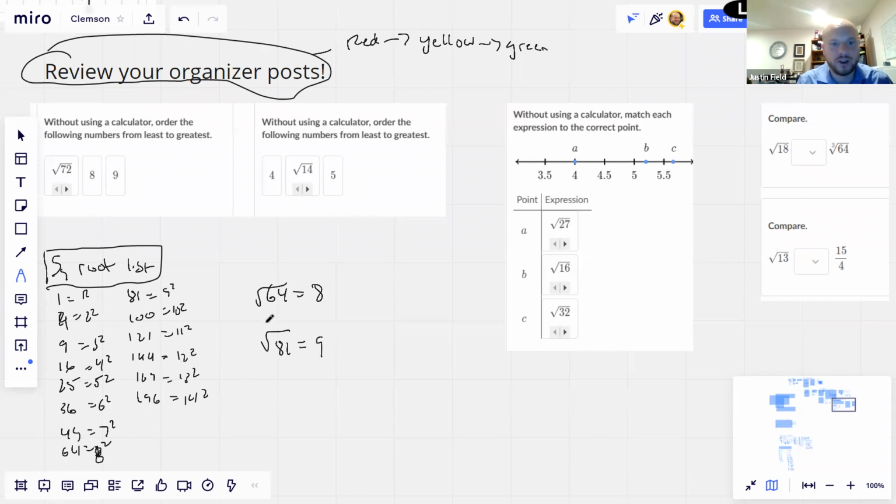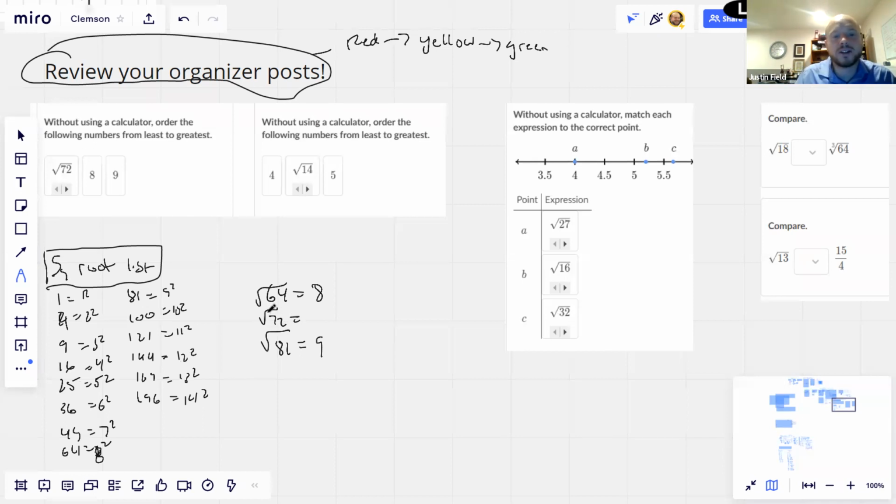So 72 is a number in between 64 and 81. And so what does that mean about the square root of 72? It must be between 8 and 9 because it's between their squares.